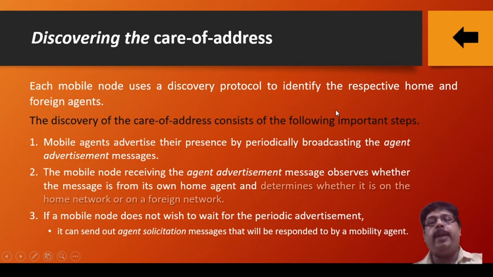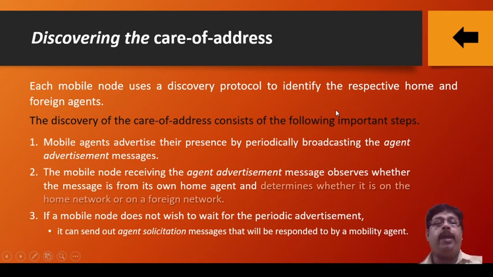Mobile agents advertise their presence and periodically broadcast the agent advertisement messages, what we have already seen in the previous slide. Then mobile nodes receive the agent advertisement message. See here, mobile agents are broadcasting the advertising message and the mobile nodes are receiving it and observe whether the message is from the home agent or not.